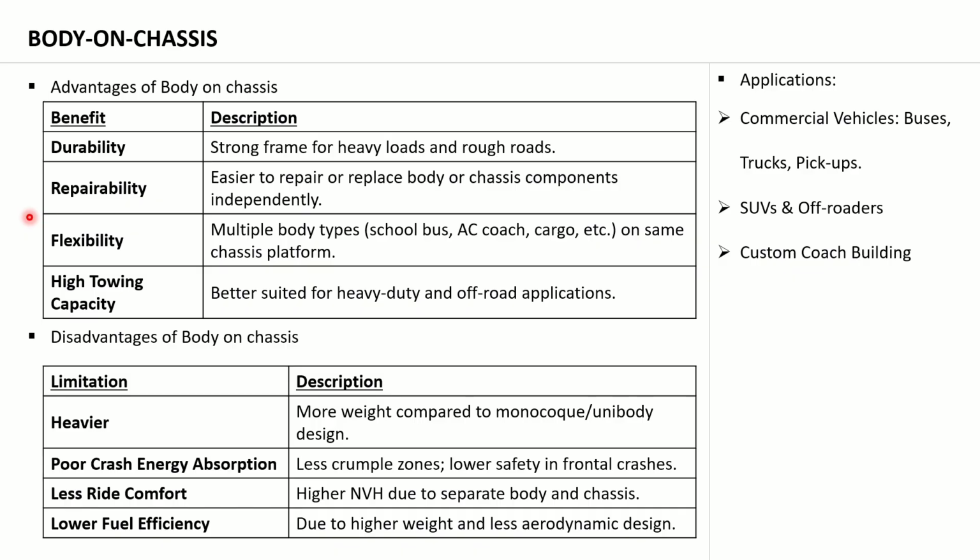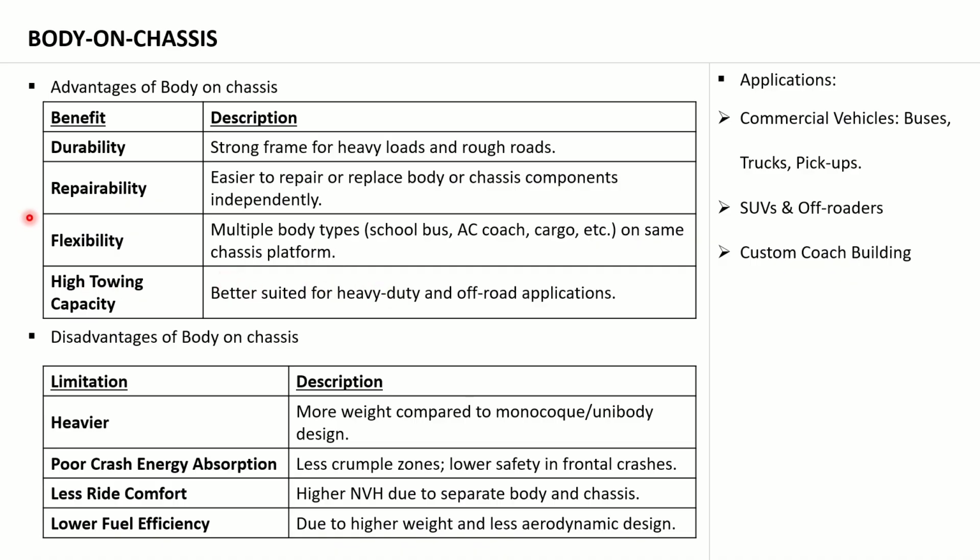Vehicles having higher capacity engines and purposefully designed to carry heavy loads benefit from body on chassis to meet the requirements. Also multiple types of bodies like school buses, AC coaches and cargo vehicles, such multiple passenger carrying vehicles are also made in a body on chassis configuration.